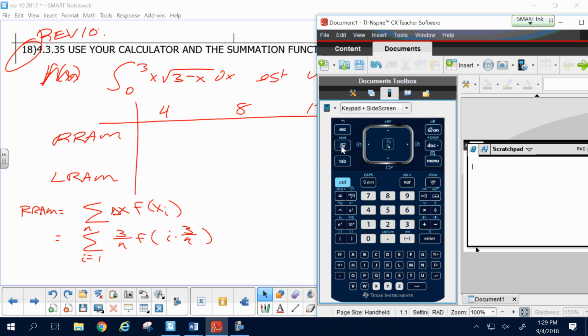Cool? Now, when you create a function, let's call it f2, parentheses. This summation is not a function of x. It's a function of what? n, the number of rectangles. So it's a function of n.